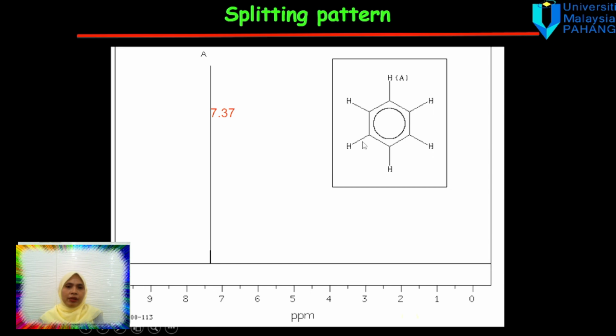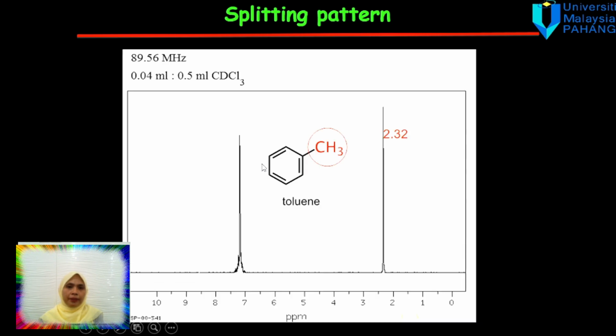In this case, for protons in the benzene ring, all fall in the downfield because in the benzene ring they are rich in C double bond C, so they are more deshielded. If a methyl group is attached to the benzene ring, the position of the methyl is normally around 0 to 1. Now it is shifted to more deshielded, 2.32, because of attachment to the benzene ring.